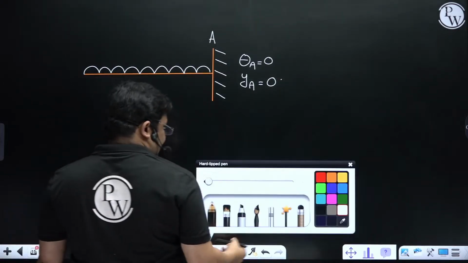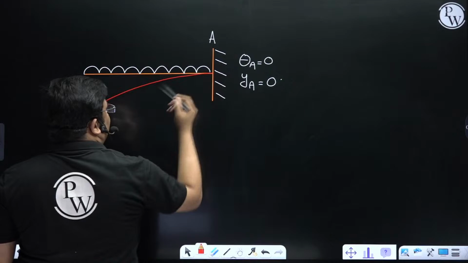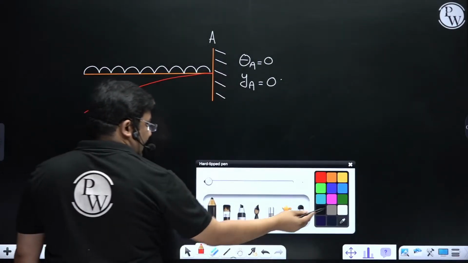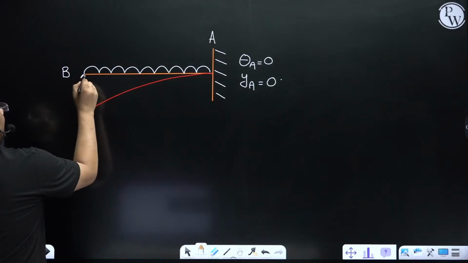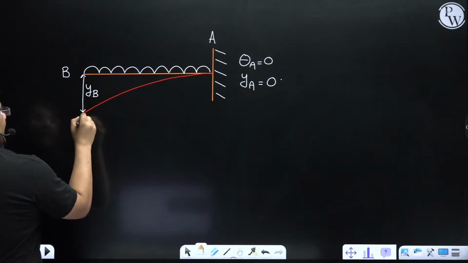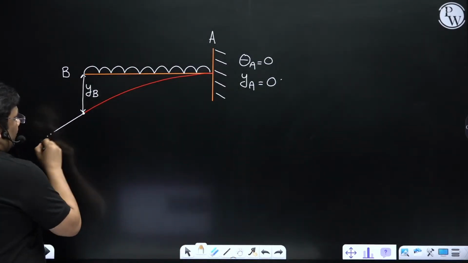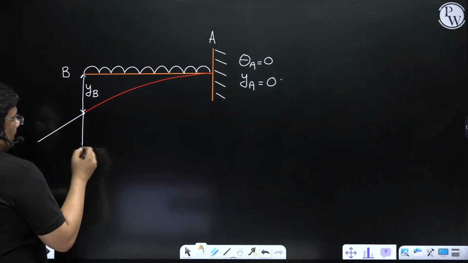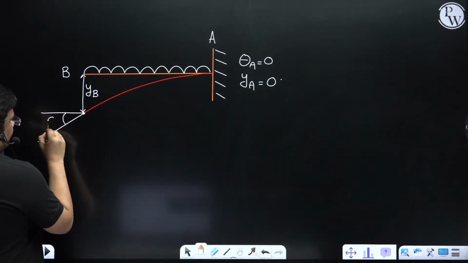And the deflected shape will be something like this. And again at this point B, I'll get the deflection, and this is the deflection at the free end. And again at this point, I'll get some slope, and that is the slope of the free end.